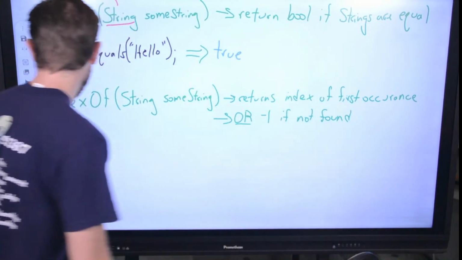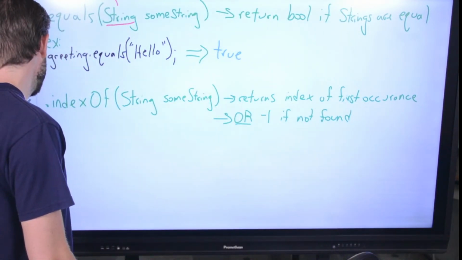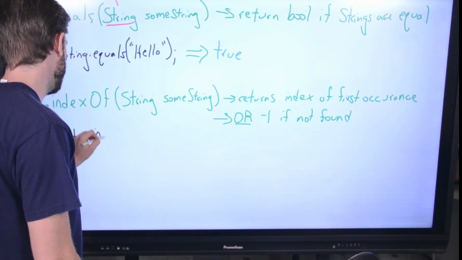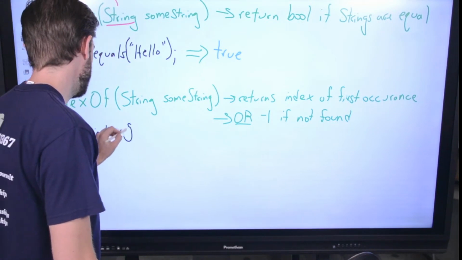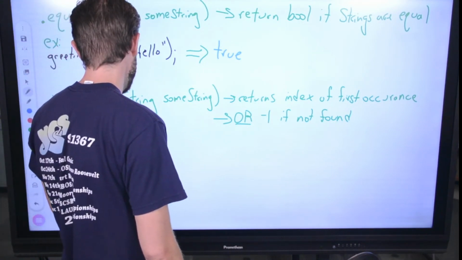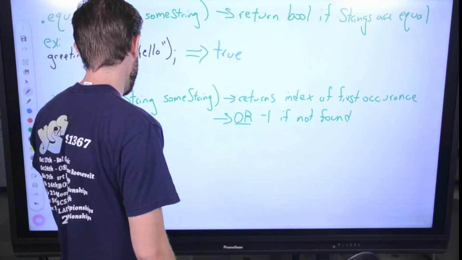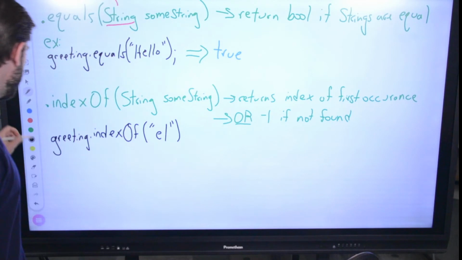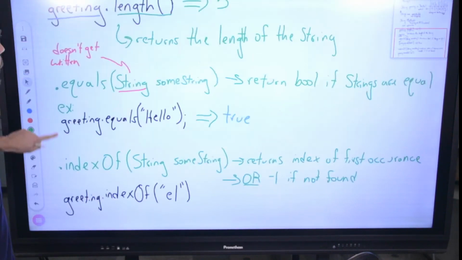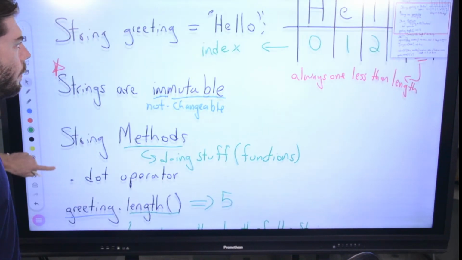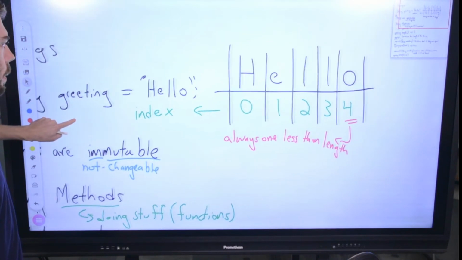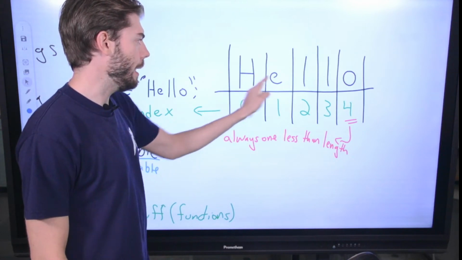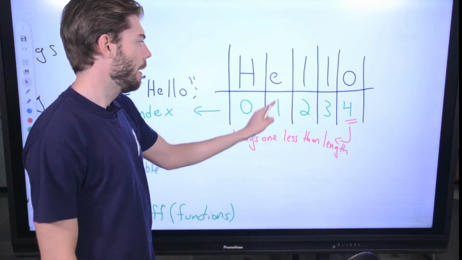Example. Greeting.indexOf, let's say EL. What is this going to return? Well, let's look back at greeting one more time. We're looking for EL. Well, we start with HE. That doesn't work. EL is our next pair. That works.